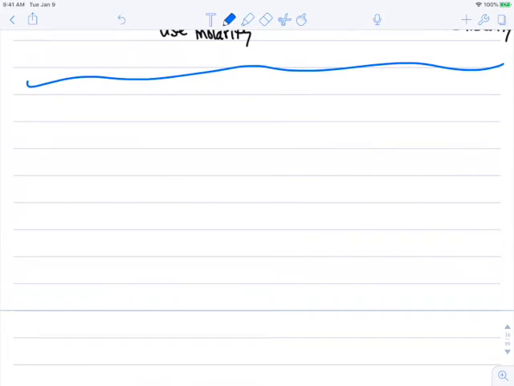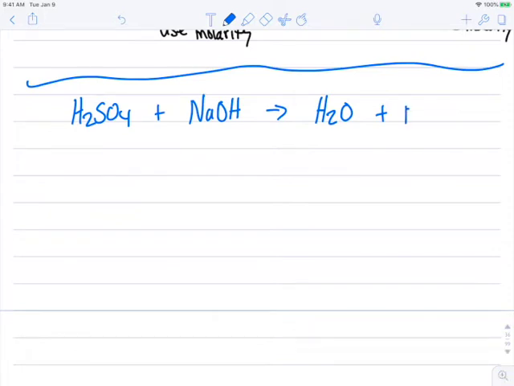And later on we are going to do a few of these, but just as a little preview, let's say we had sulfuric acid and we were going to add NaOH to create water and sodium sulfate, something like so.